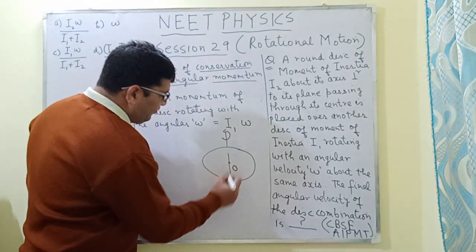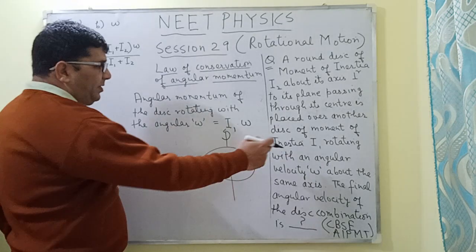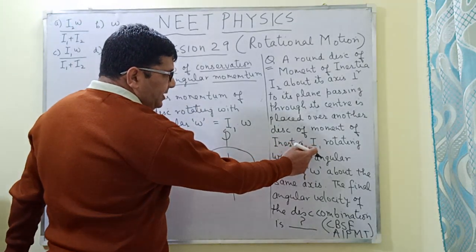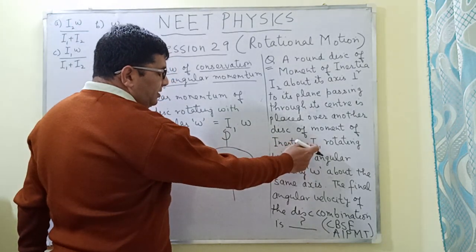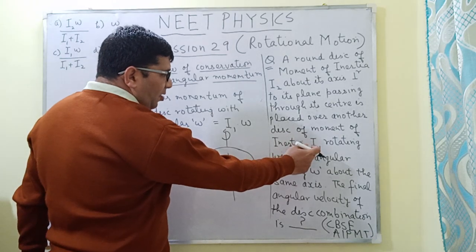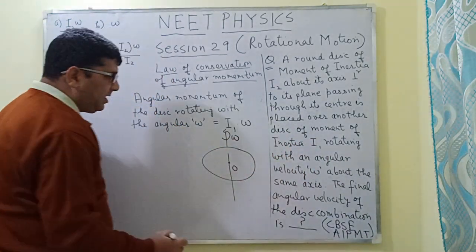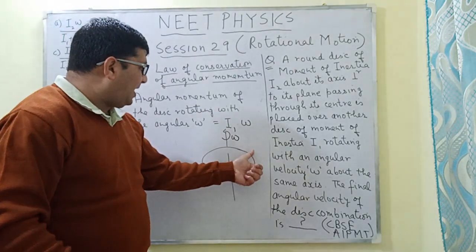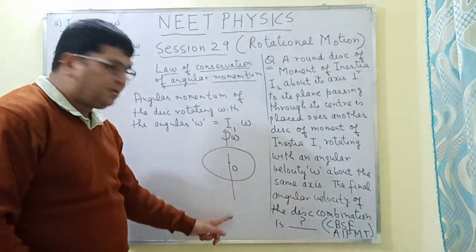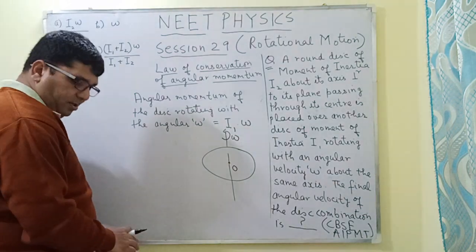So this is the center. The moment of inertia of this disk, which is rotating with an angular velocity omega, is I1 about the same axis.